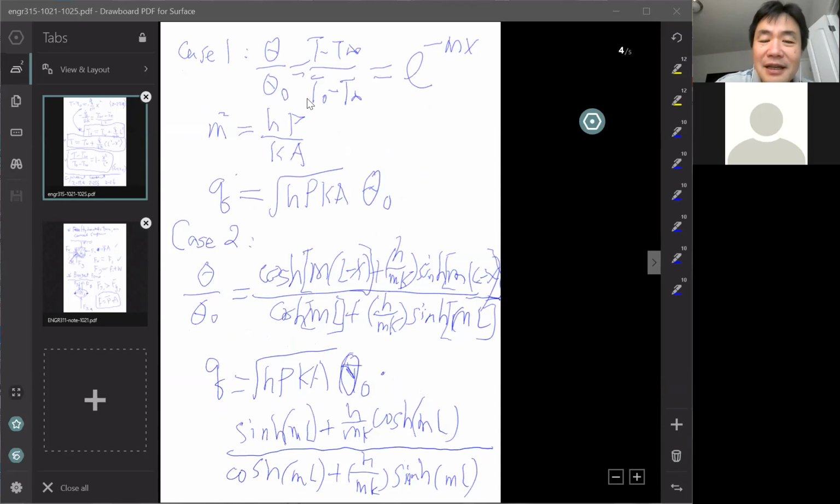Remember what theta is? It's a review. Yes, it's a change of temperature, a relative temperature. With the reference of what?